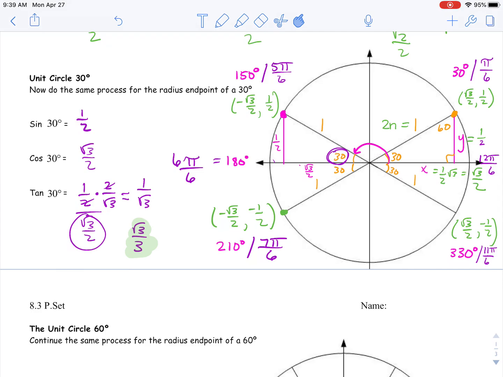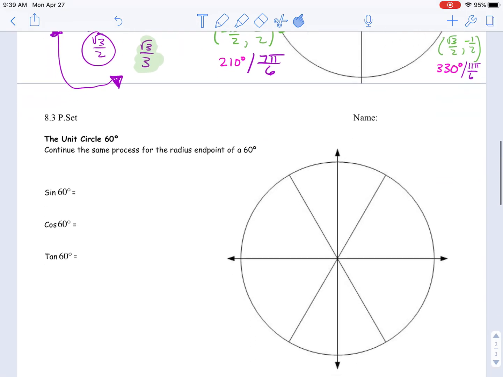The tangent is trickier because you're dividing and doing some fraction work. So this is definitely one tangent that I would really want to ingrain into my memory. So we'll talk about tricks and how to remember that the tangent of 30 is radical 3 over 3. Feel free to come up with your own. But that's one that you don't want to have to do the work for all the time.